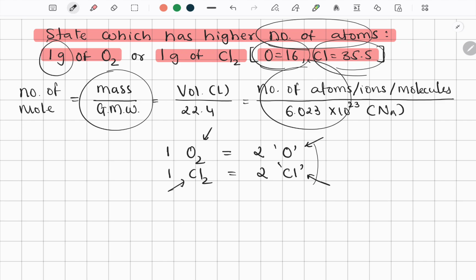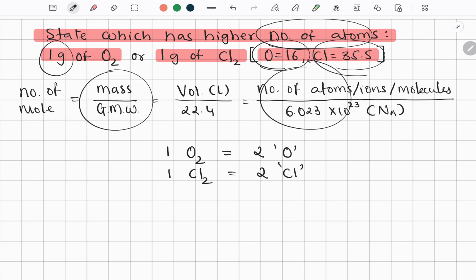Understand once again that if we calculate the number of molecules, then we just have to multiply that number by 2 and we'll get the number of atoms, because one molecule is equal to 2 atoms. For this particular question, 1 O2 is equal to 2 O, 1 Cl2 is equal to 2 Cl. I hope you understand till this point.